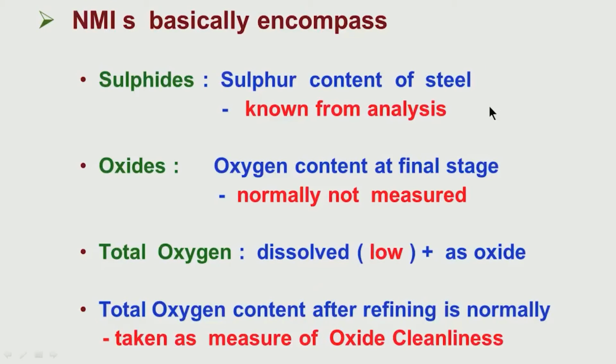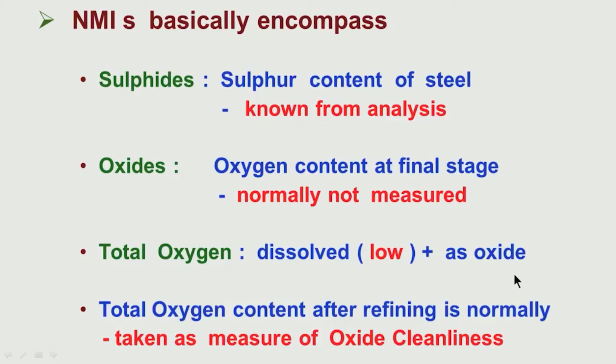As I have told, the NMIs are basically of two types, one is oxides and the other is sulfides. How much sulfide is present, we can know from the sulfur content in steel, but normally we do not measure total oxygen in steel. But we should measure total oxygen in a good quality steel. We can then know how much oxygen is present as oxides.